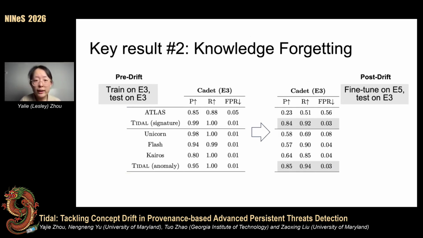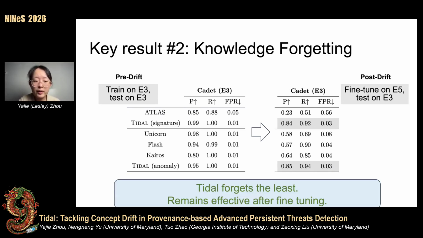However, if you look at the right side, where we check the fine-tuned model on E5 but then go back to test on E3, all the baselines' performance suddenly dropped a lot, but Tidal still remains effective. So this experiment means that with the knowledge sharing and specific adaptation of Tidal, Tidal is forgetting the least compared to the previous methods.